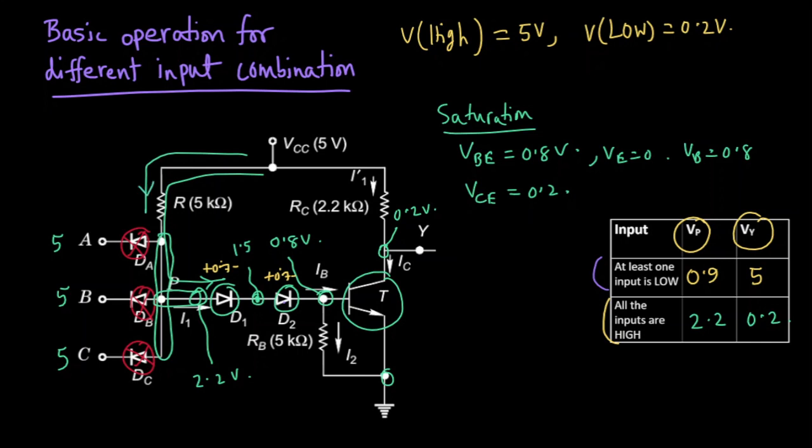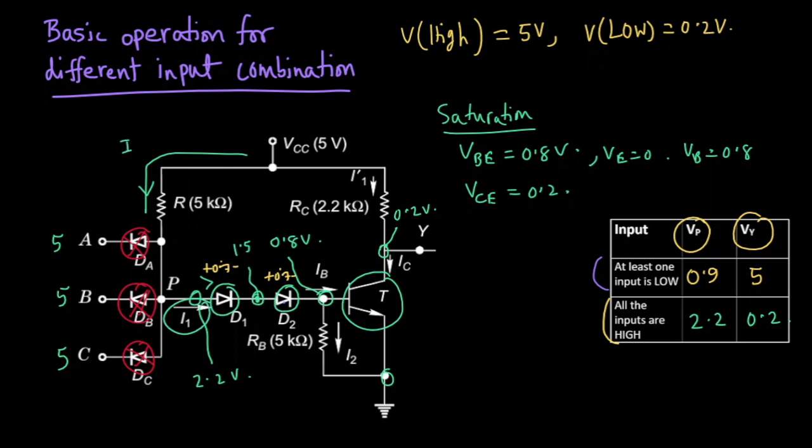This current is the same current that flows through the diodes D1, D2, as no current goes through the input diodes DA, DB, and DC. So this current and the current that flows through the diodes is the same.